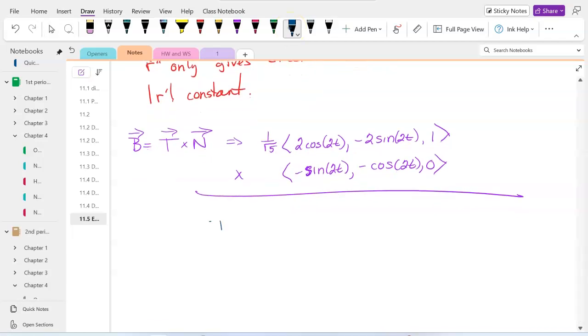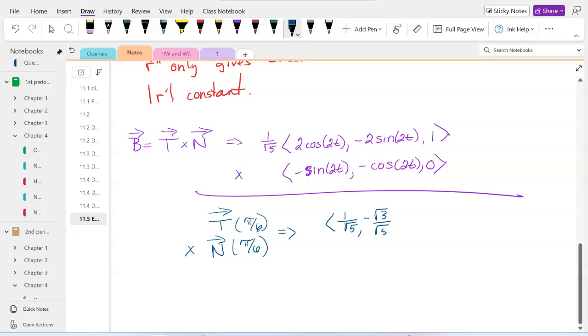Say, look, I'm going to take the tangent at pi over 2 and cross it with the normal. I'm sorry, I said pi over 2, pi over 6. Cross it with the normal of pi over 6. So wouldn't this just be a better method of finding the binormal?